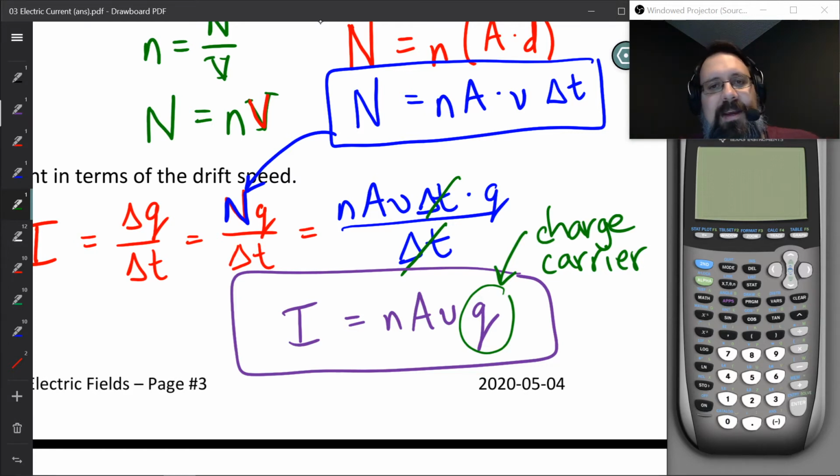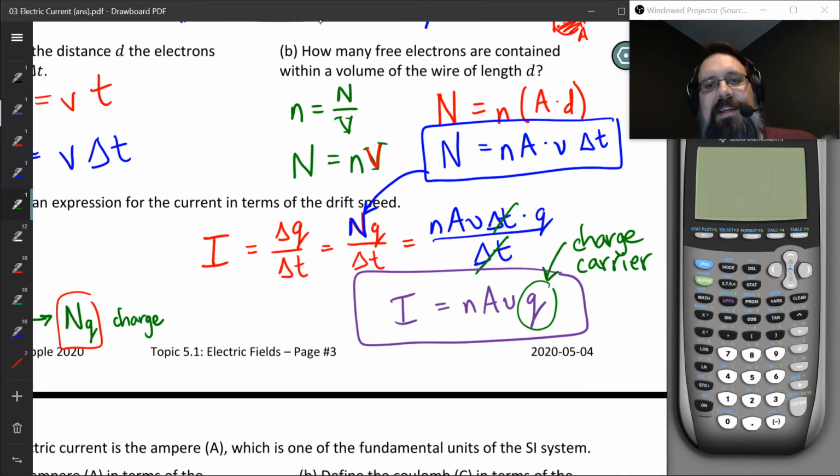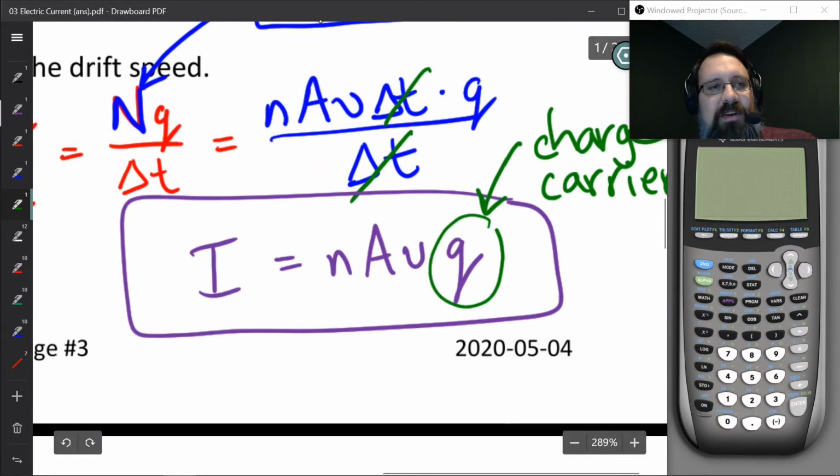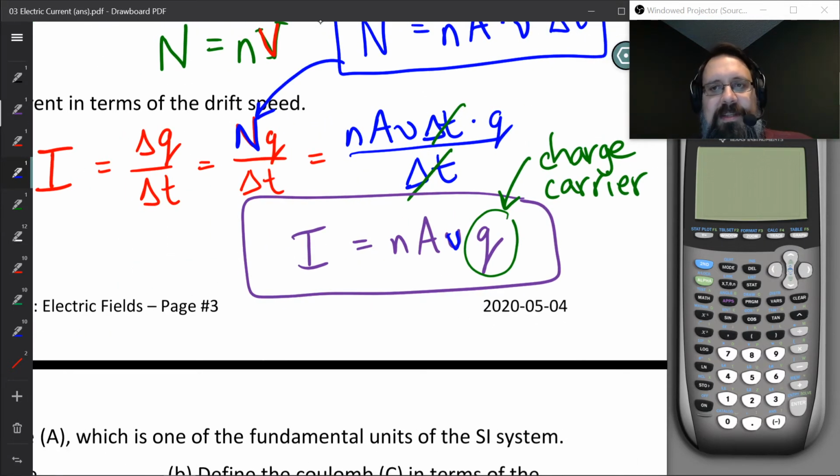I'm not going to talk about that until a little bit later. So that's the derivation of this equation. This is called the drift velocity equation because it has the drift velocity inside there. The v is the drift velocity. So from this, you can determine how fast the electrons are moving through the wire. So we'll return to this in a little bit, but basically we have found that the current through a wire is nAvq.